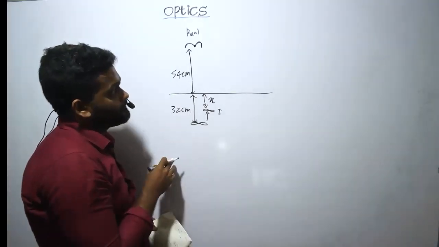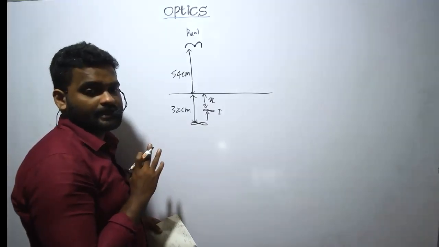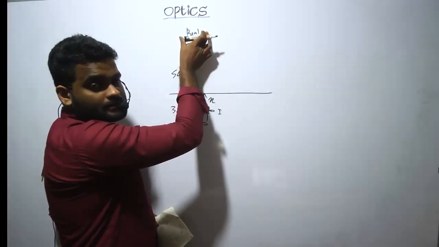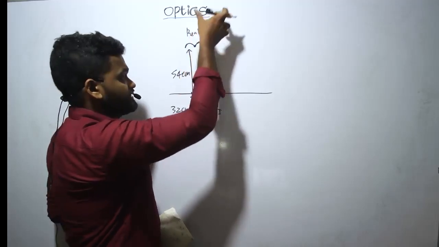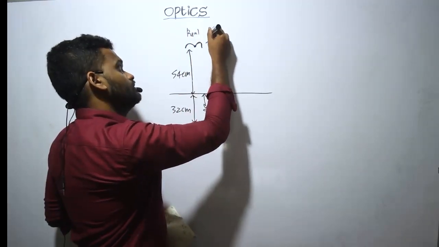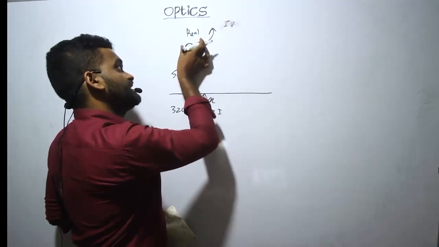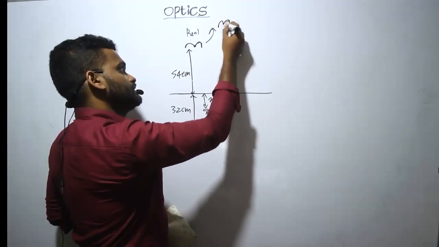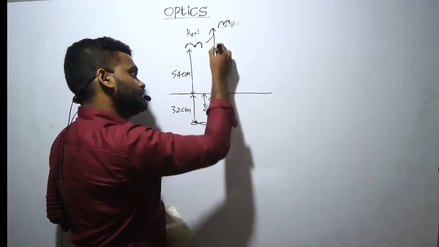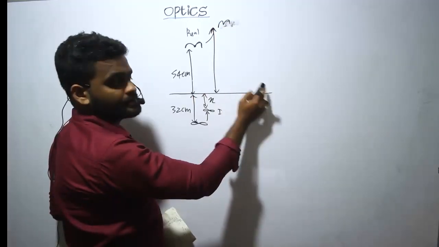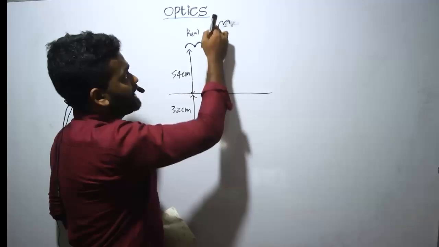Another case: fish sees the bird. Actually, fish sees the bird right above, like this. Let's say that everything is measured from the interface at a distance y.